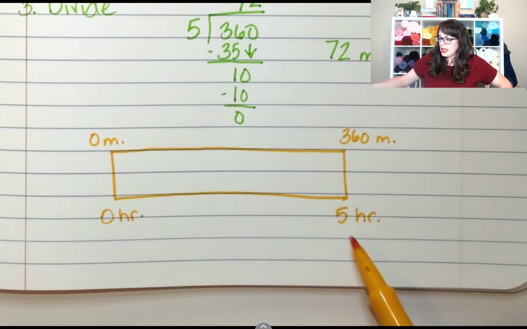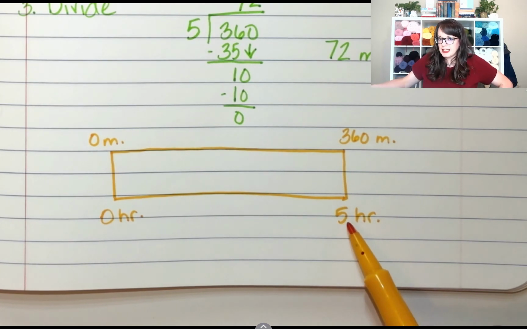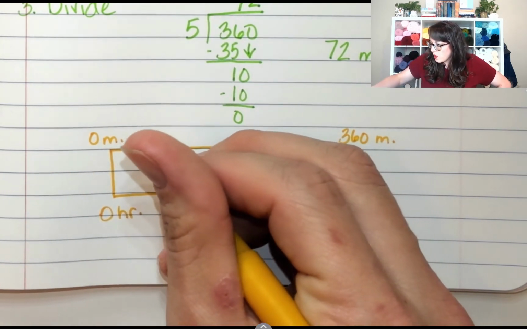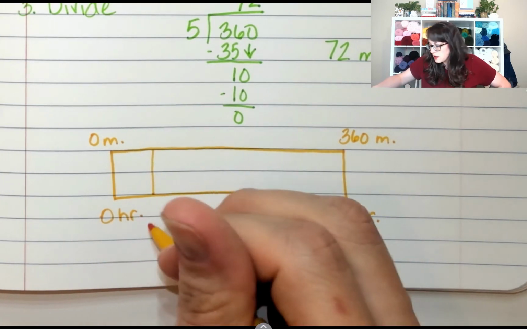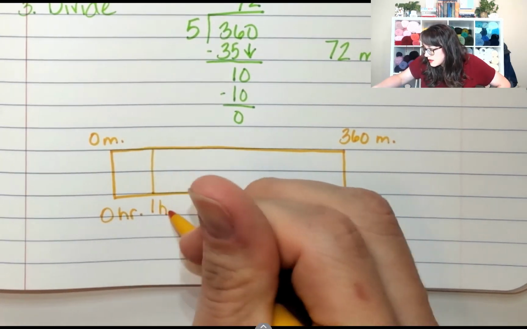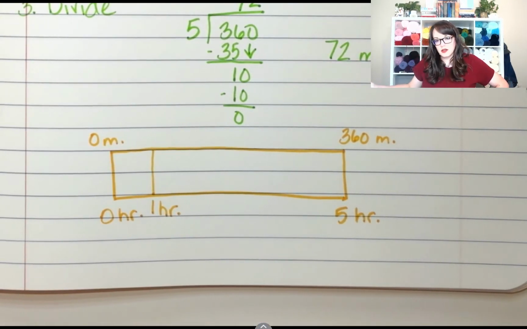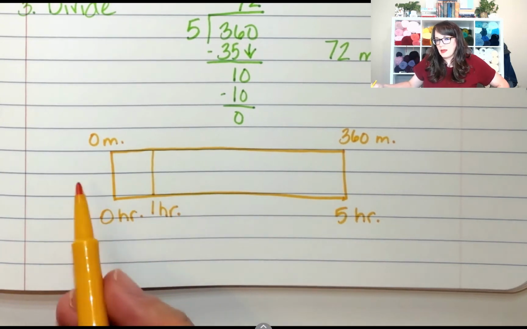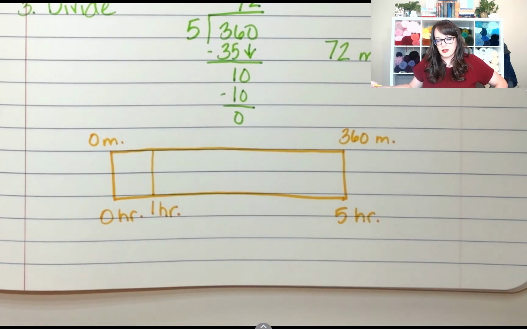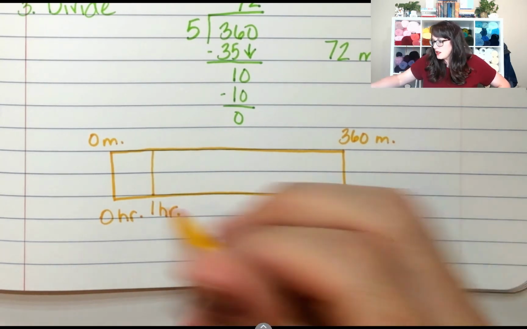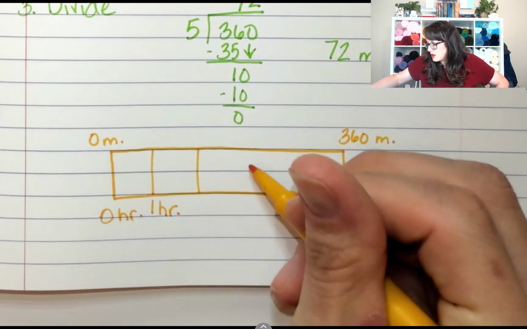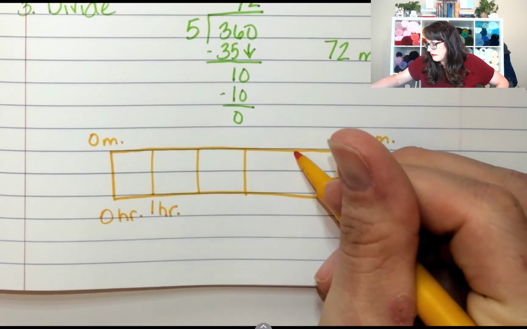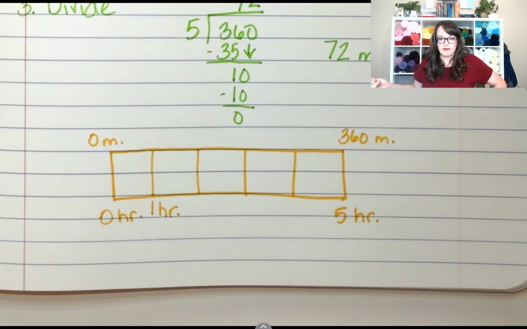So I need to split this to figure out 1 hour. 1 hour. And so how many pieces should I break this bar into to figure it out? I need to split it into 5 different chunks. So there's 1, 2, 3, 4, 5.